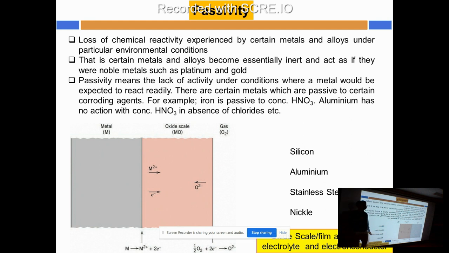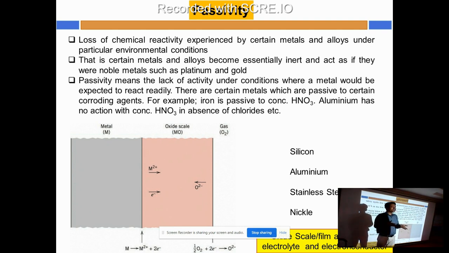Why did I mention stainless steel? Because what is stainless steel? Chromium doped in iron. This chromium will form a chromium oxide layer, and that oxide layer will resist further corrosion. That's why stainless steel will be passive. Otherwise, what will happen if there is no chromium?